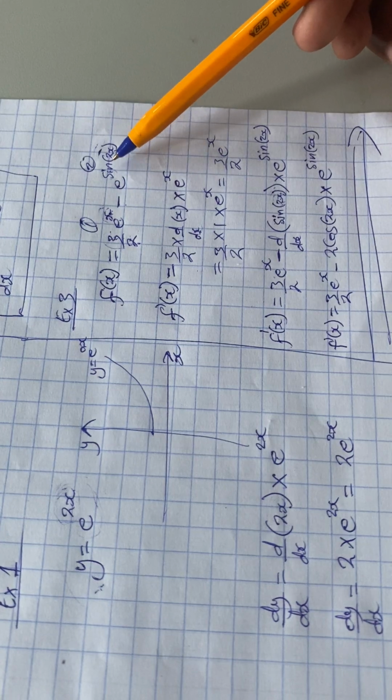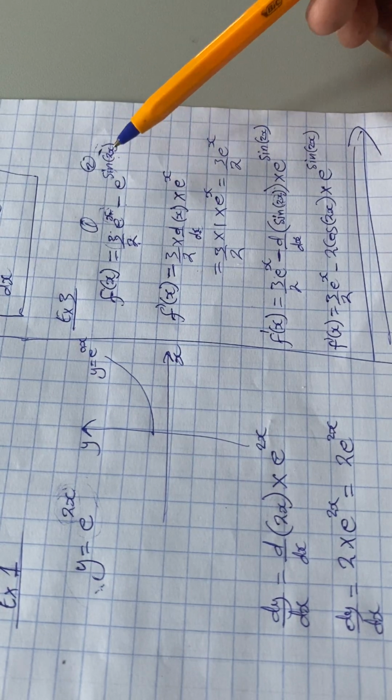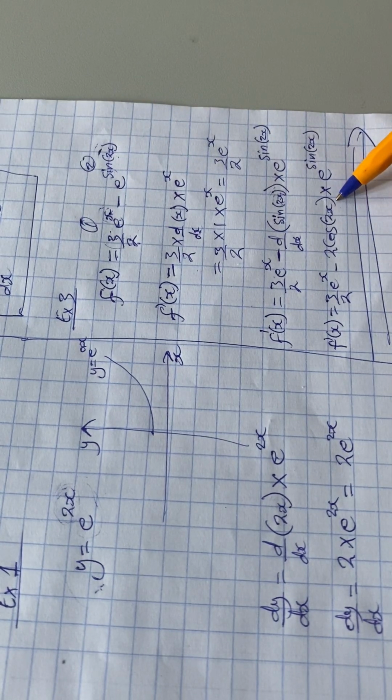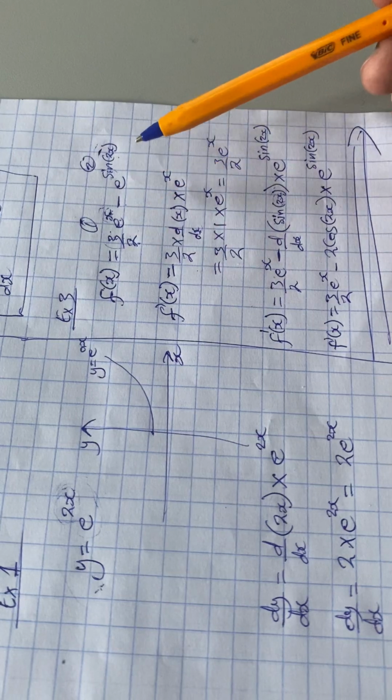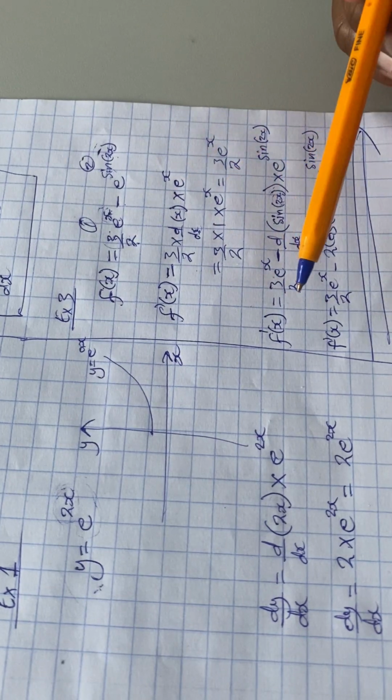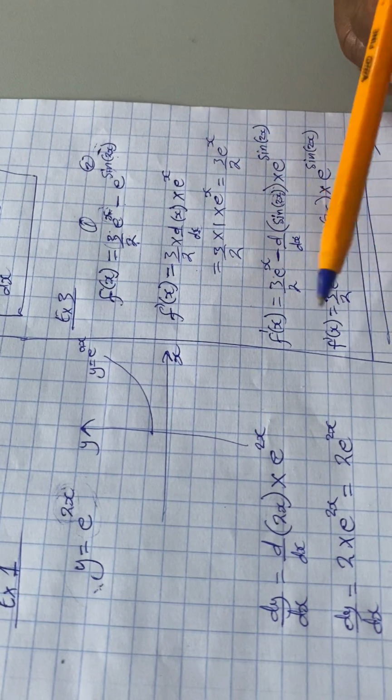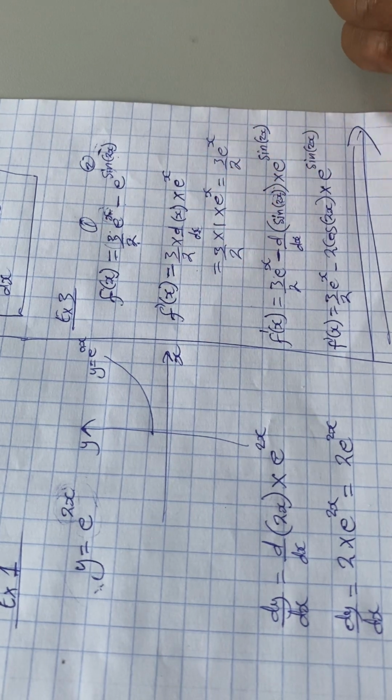The derivative of sine 2x is 2 cos 2x, multiplied by the function itself. So basically, this is the first derivative of this function, using the first derivative of exponential functions.